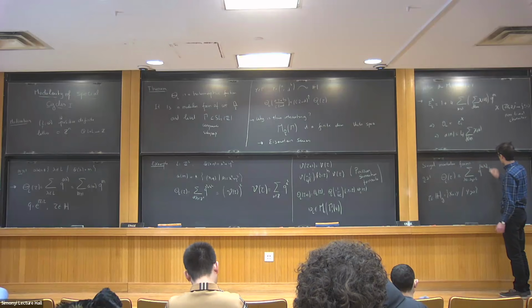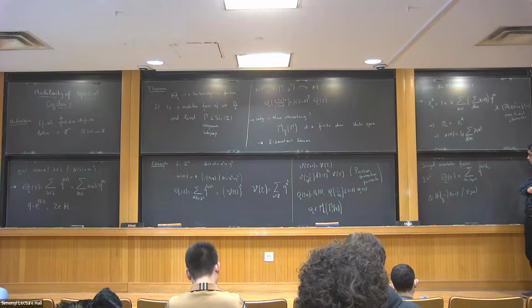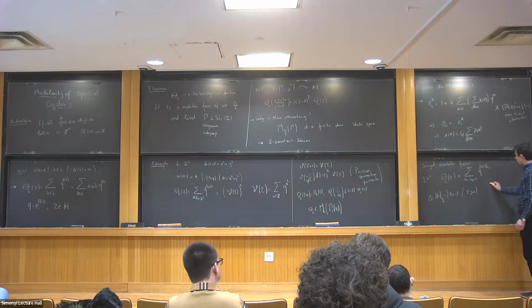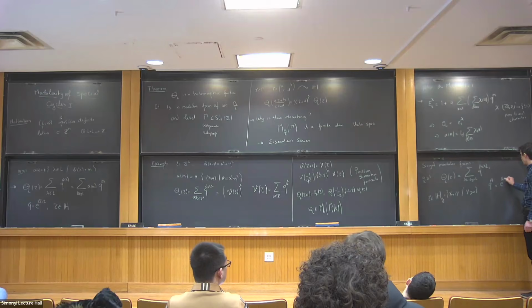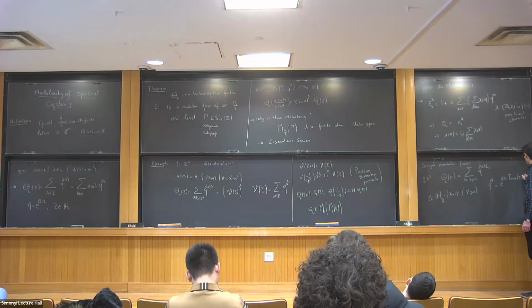So I take the intersection matrix of these vectors with respect to the pairing, and q to the power of a matrix is simply the exponential of 2 pi i trace of tau times the matrix. Tau is a matrix, M is a matrix.